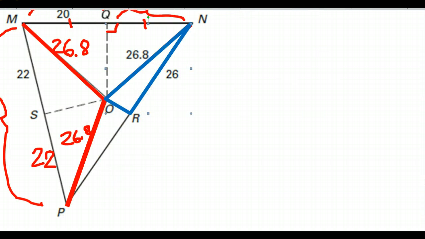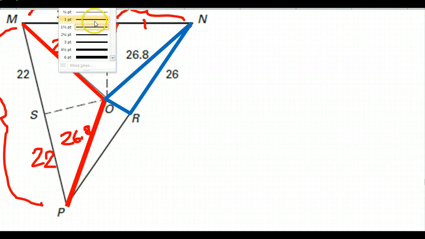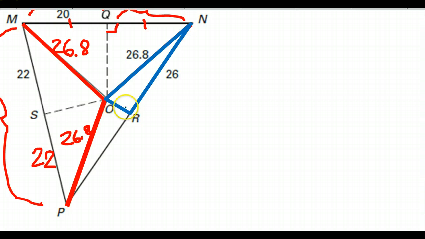Just zooming in on this triangle so you can see it a little bit better. This little blue triangle right here is a right triangle. Notice that we have two sides of this triangle given. We've got the 26 and the 26.8.